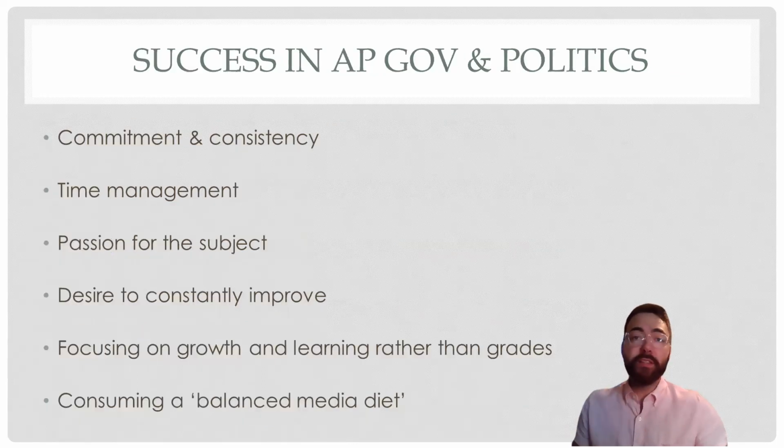So what is necessary to find success in this course? Commitment and consistency, time management. I think that's going to be exceptionally important this year, considering we just simply won't have as much time together as we have had in the past with the hybrid schedule. So students will need to find the motivation to really delve into content outside of the classroom as well as inside the classroom.